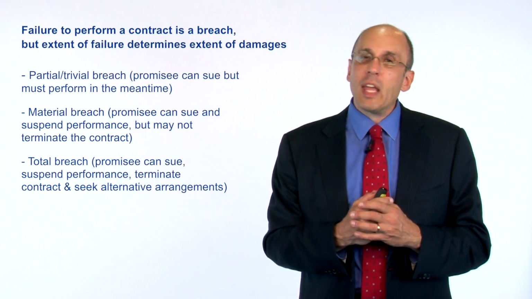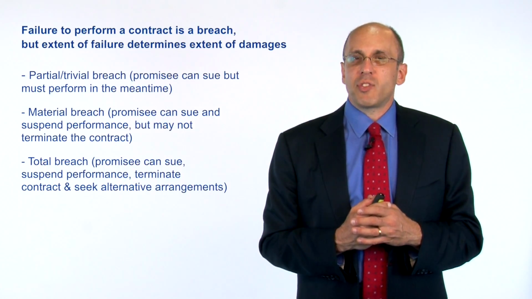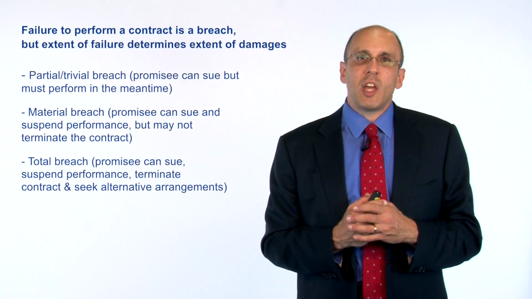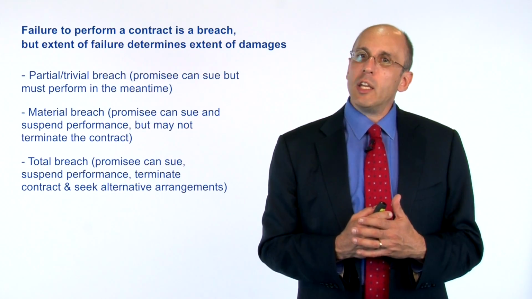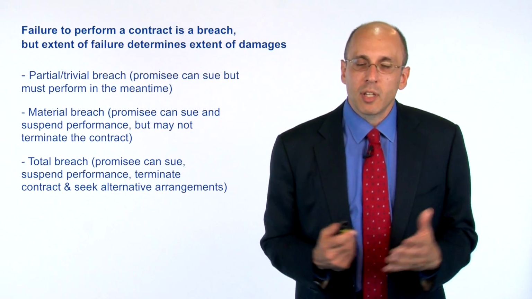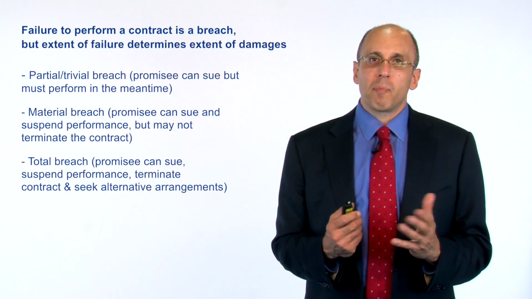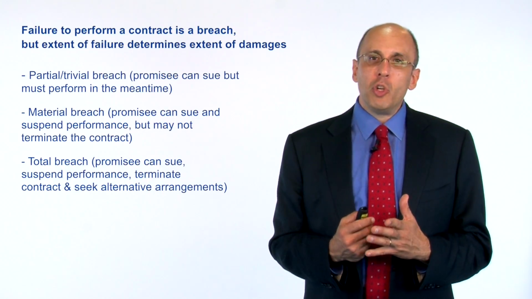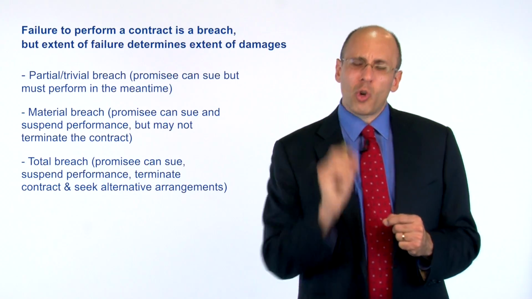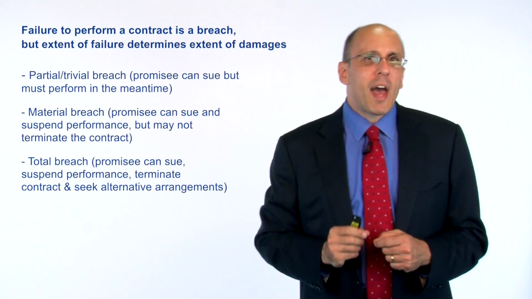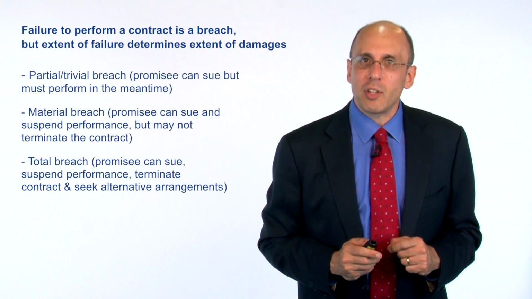So to take an example, let's say that I will pay you $100 if you paint my fence, and then you paint every bit of the fence except there's one little corner way in the back of my yard that I didn't quite get to.